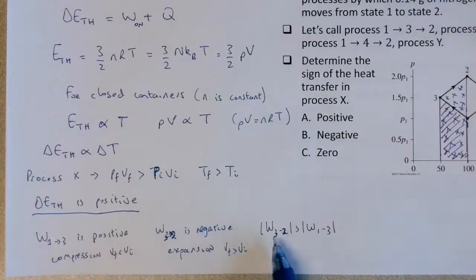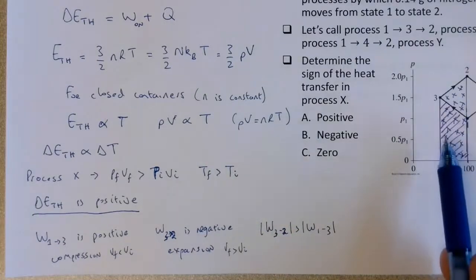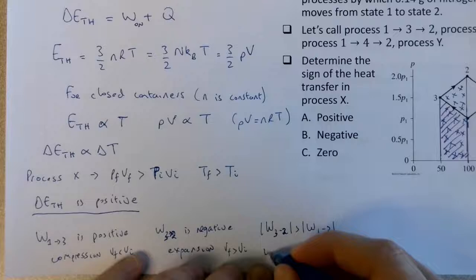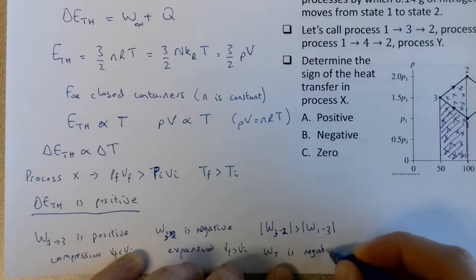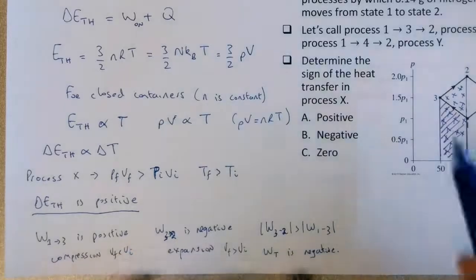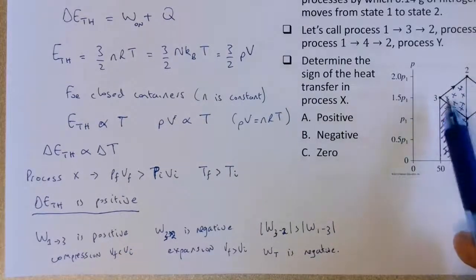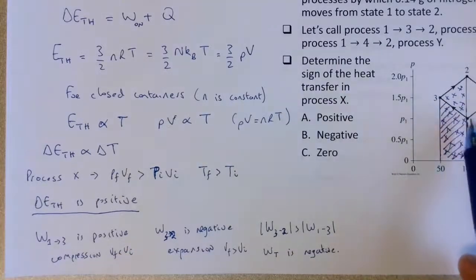So 3 to 2 is negative, and its absolute value is larger because there's more area underneath the curve. So the total work is negative. The net work done is negative. There's more negative work done on the gas in the 3 to 2 process than there is positive work done on the gas in 1 to 3.